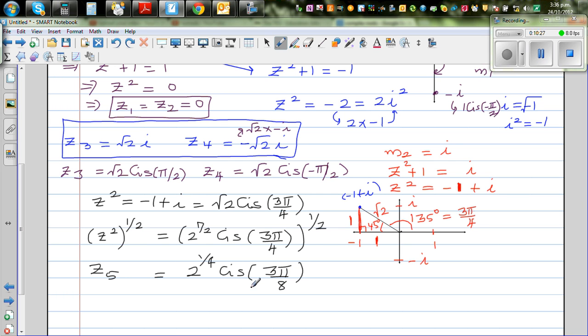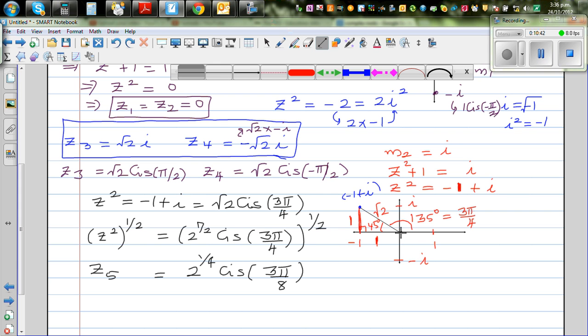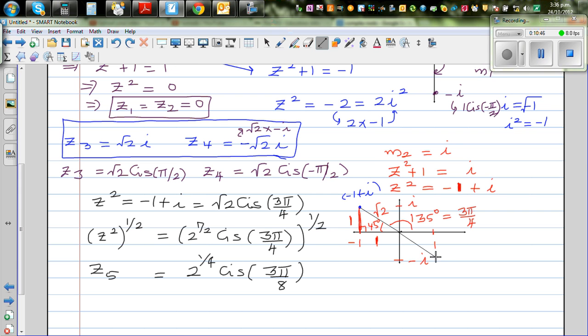As there are two roots, the other root will be at an angle of 180 from here. So if you go 180 from here, the other root would be here.